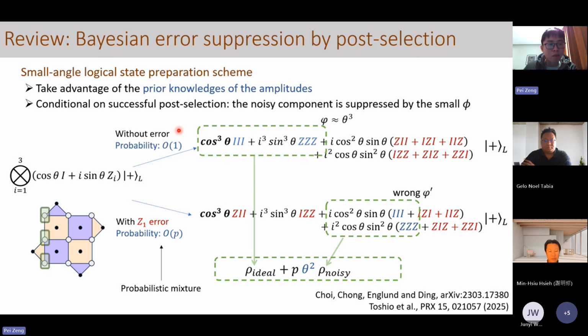Basically, it's a way to combine a small rotation, which is a non-logical operation, into a large rotation operation based on this code projection.